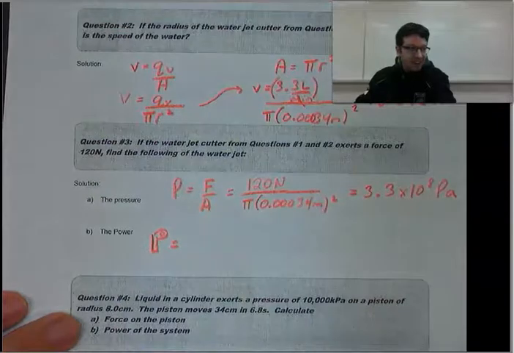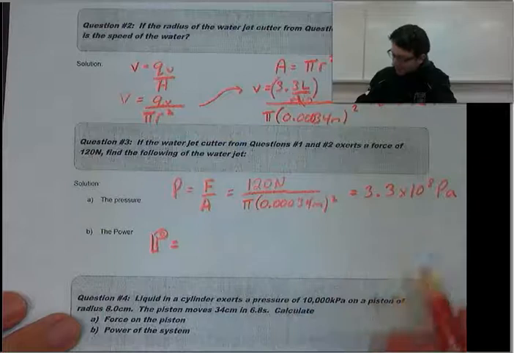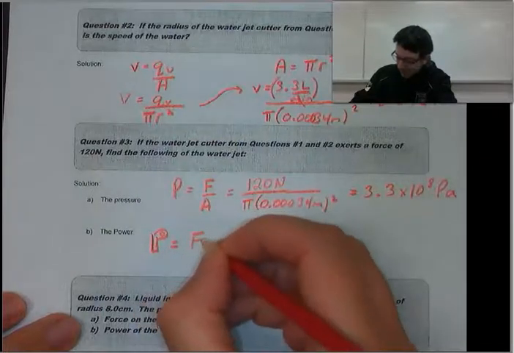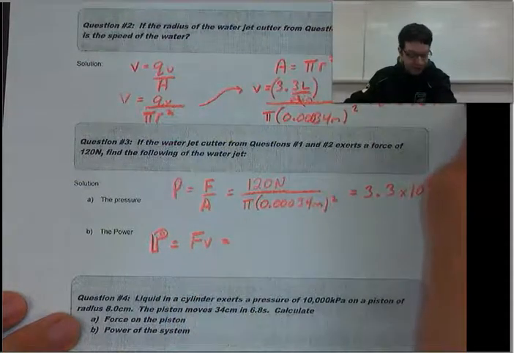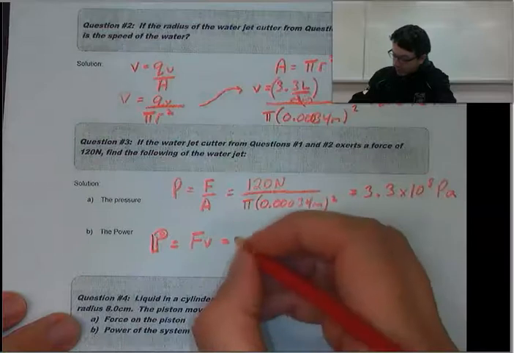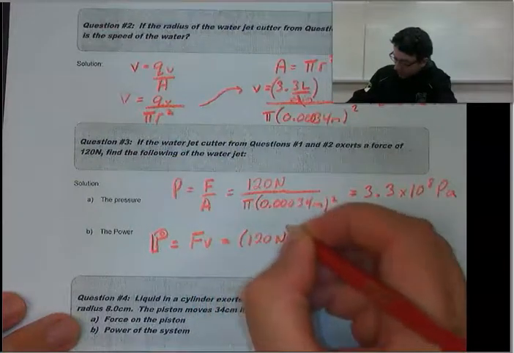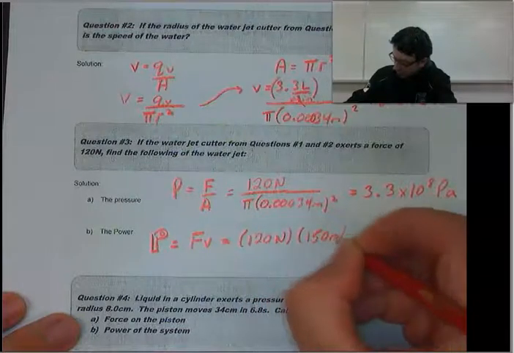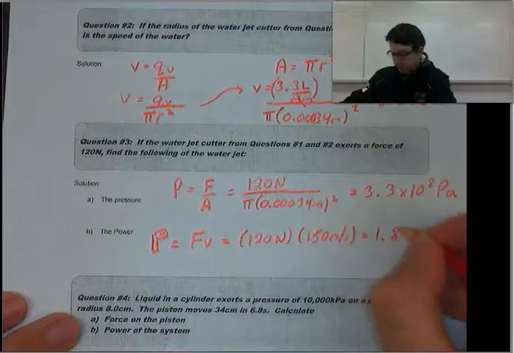And again, to distinguish between pressure and power, we seem to have a lot of capitals and lower cases in this lesson, power is force times speed. The speed we know is 150 meters per second, and force is 120 newtons. So to figure out the power, we're going to simply multiply them. And if you remember, the units of power is watts.